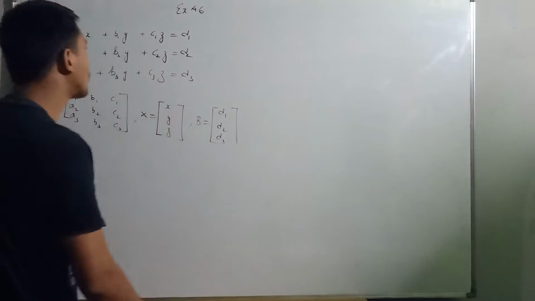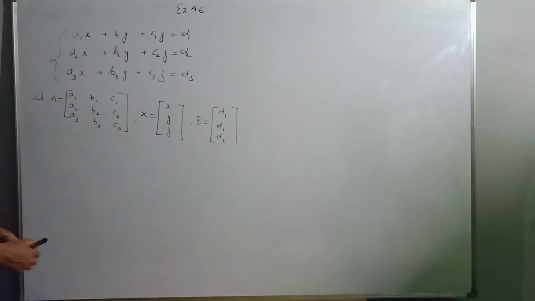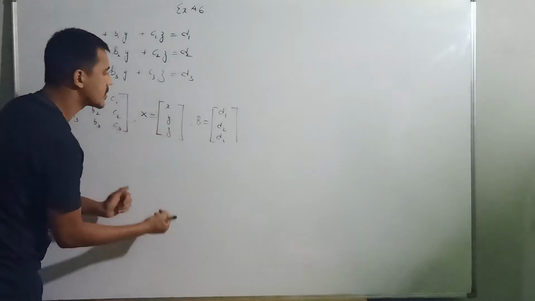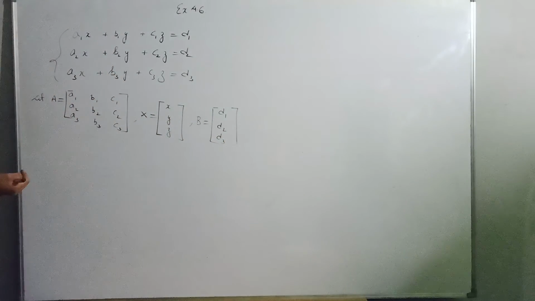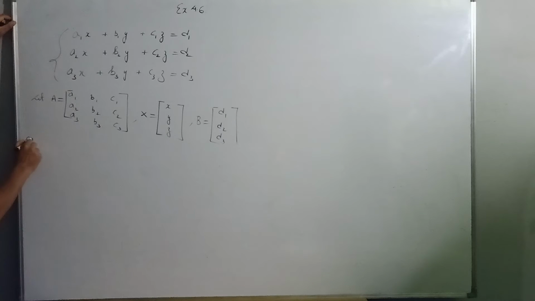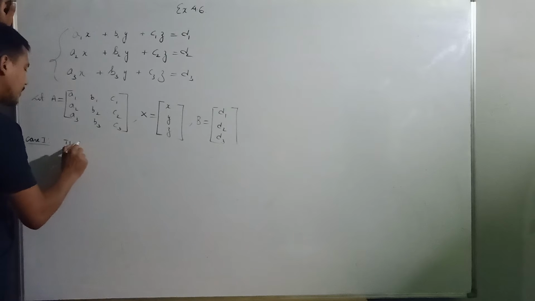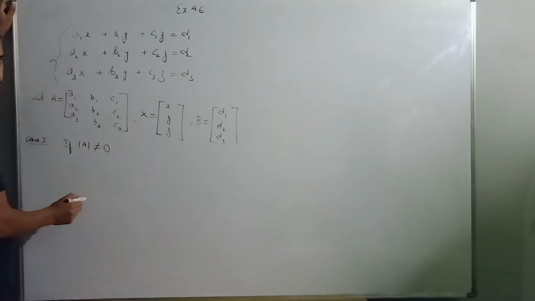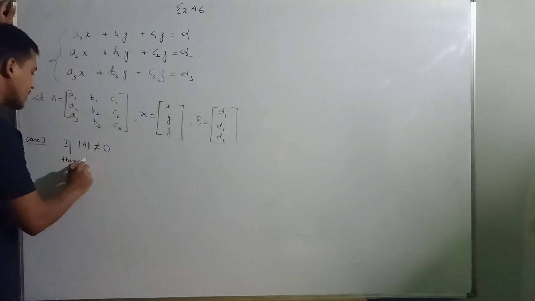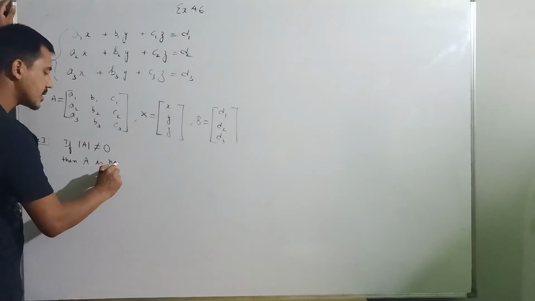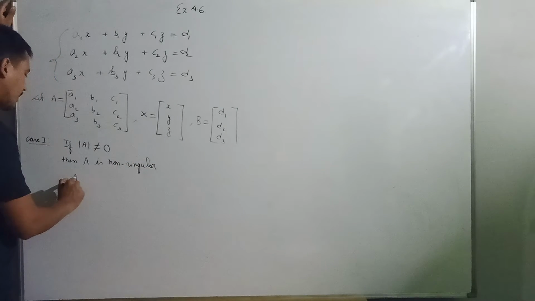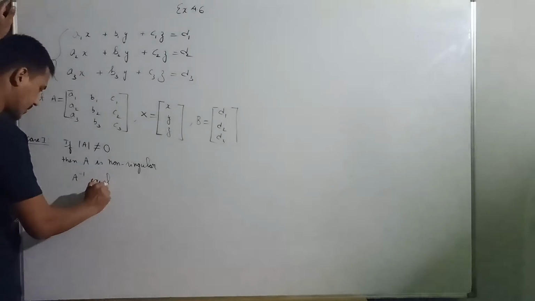You want to find the solutions for this given system of equations. What you have to do is first form matrix A, form matrix Y, form matrix B. Okay. Now, case 1. If the determinant of your matrix A is not 0, then your matrix A is non-singular, so A inverse exists.